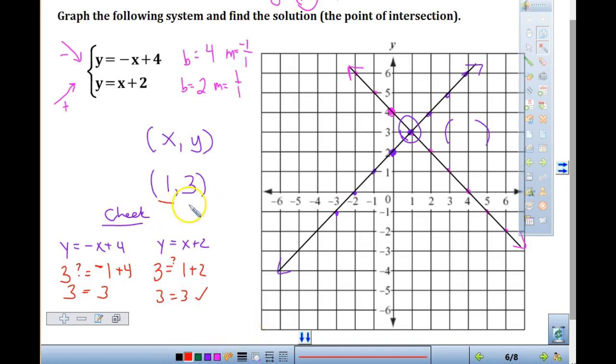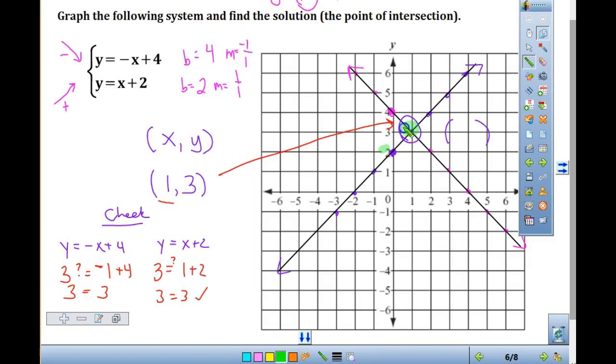Stephen, where do you get the numbers from? The 1 and the 3. Where my 2 lines meet. So I went to this equation to do the check. I said I'm going to write down that equation, and I'm only changing the y and the x from what my answer was.